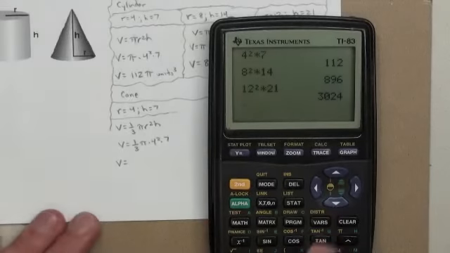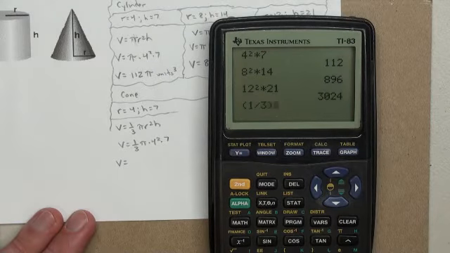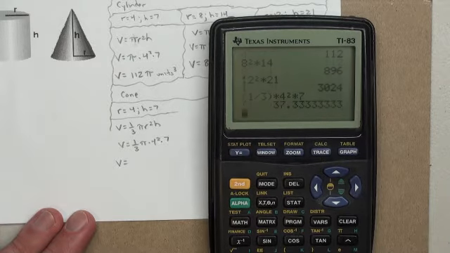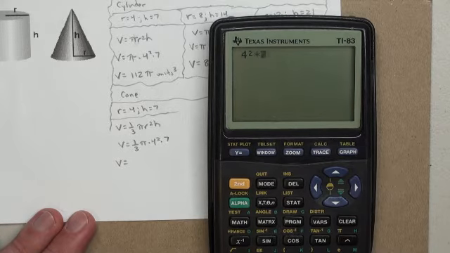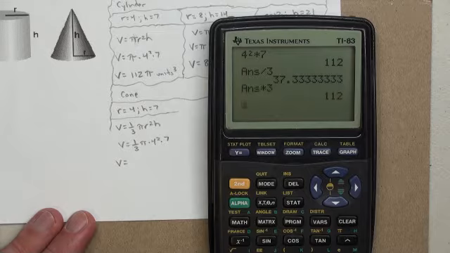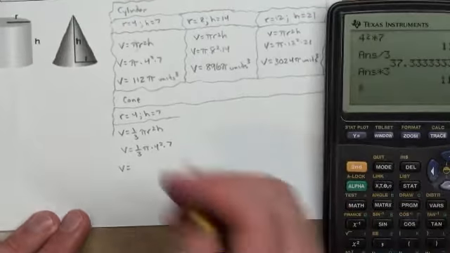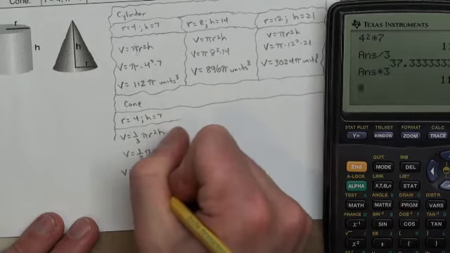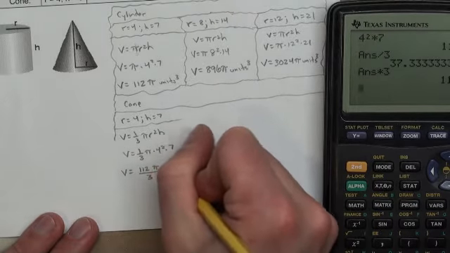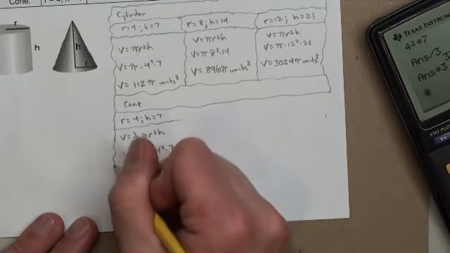Let's write it as a fraction instead, because I don't feel like doing decimals. 4 squared times 7 is 112. So it's 112 pi over 3, 112 pi over 3 units cubed.